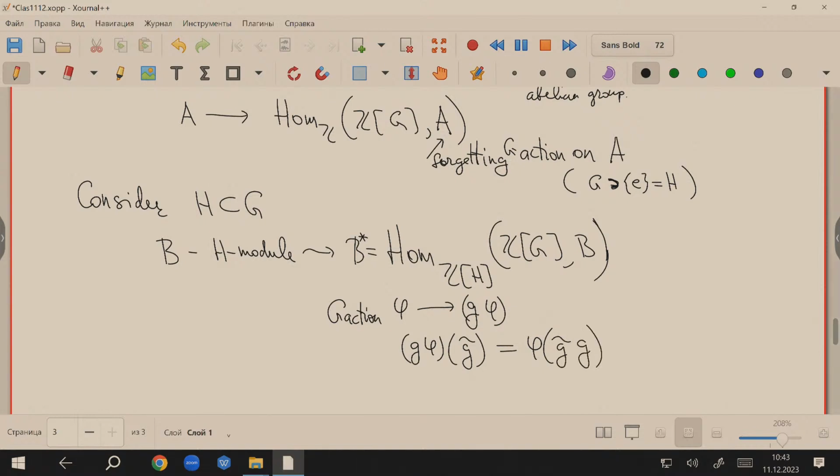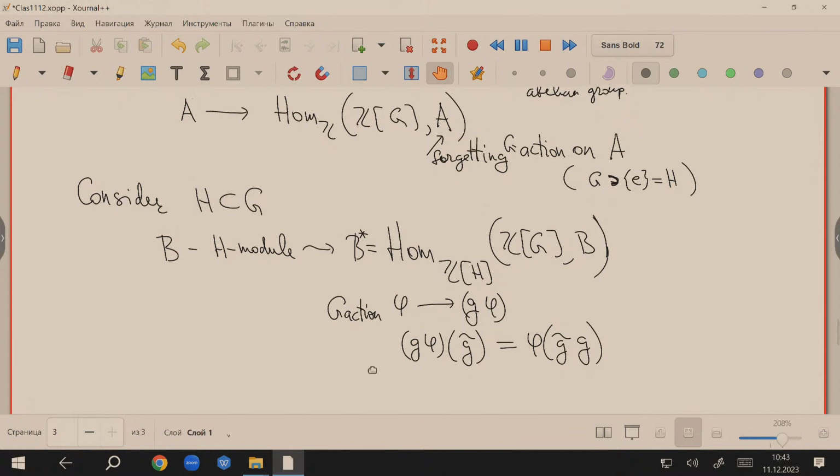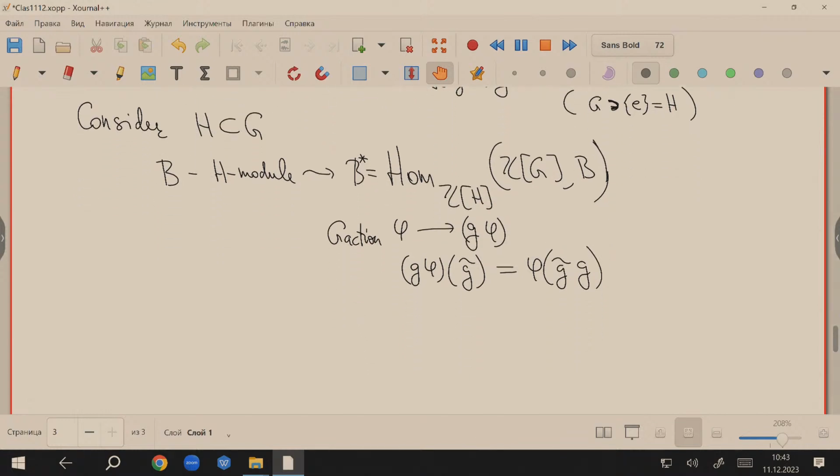So then, of course, here you can consider two functors. From B, you can take H invariants, so you can take B^H.